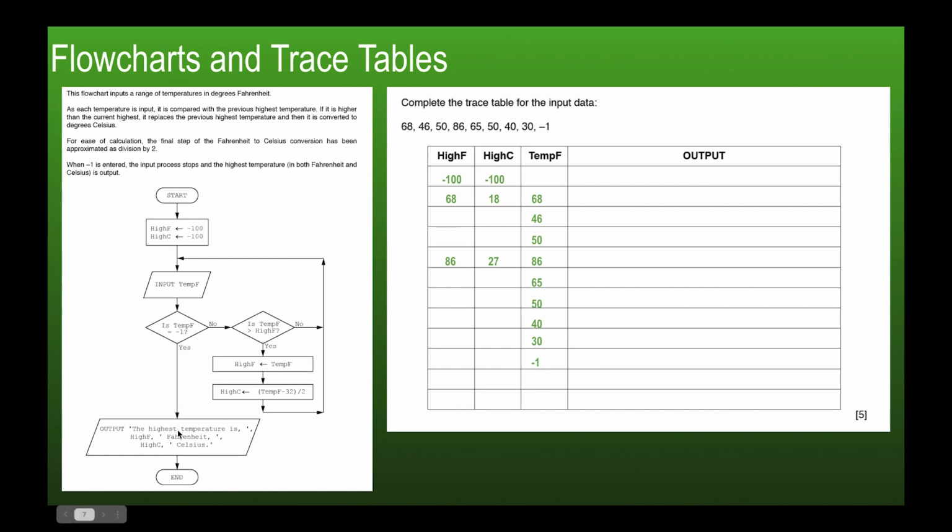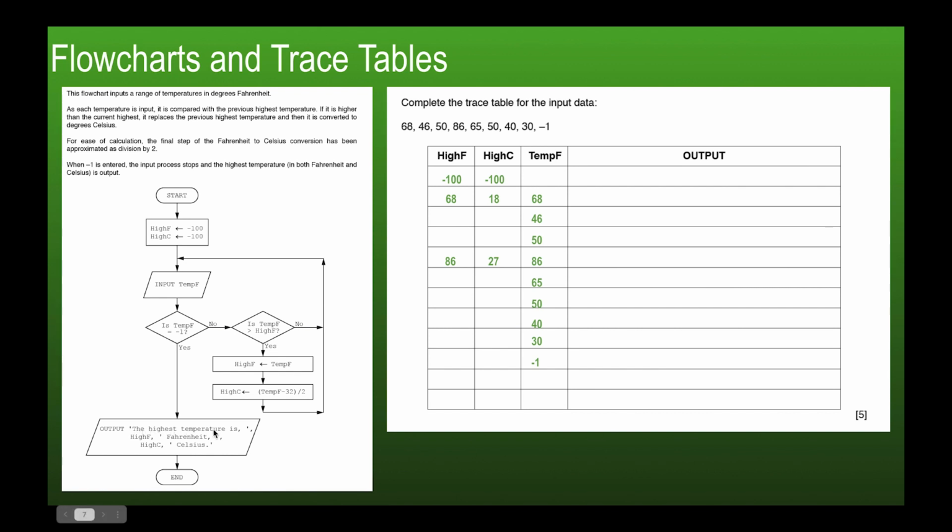So we're now going to follow this line down to the output. So the highest temperature is high F followed by Fahrenheit. So look at what is a text string. We start here with the output with a text string. You can see the speech marks.